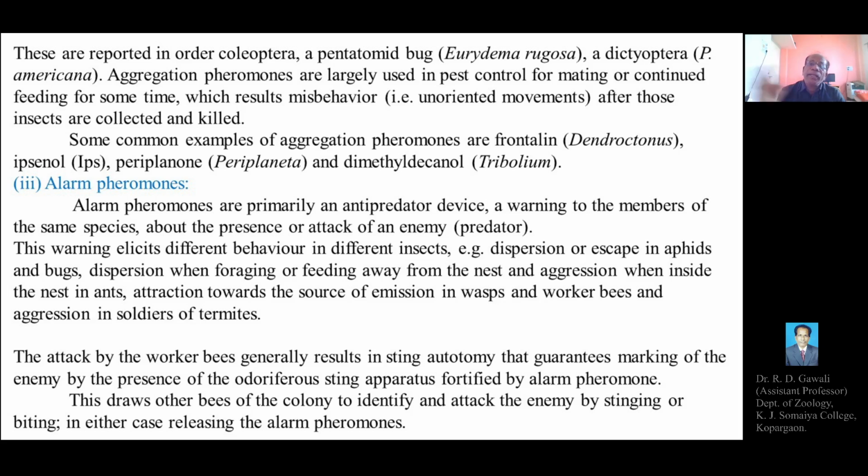At that time, other workers of the honeybee colony get stimulated or excited due to the alarm pheromone, and then they will attack the enemies by stinging or biting so as to kill or fight against the predators.